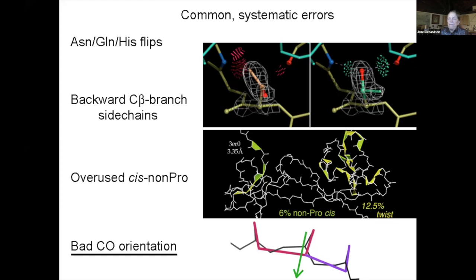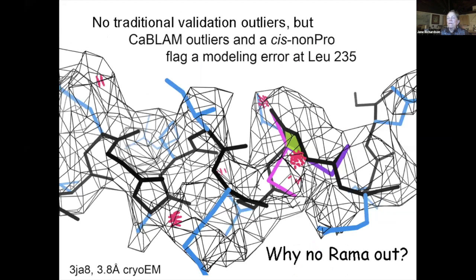And it went through a stage where people put in lots and lots of them. Well, anyway, one of the problems about the cis non-prolines is that a lot of the time, if you have really bad density, a cis will fit it better because it's more compact. And so people put in a lot of them when they aren't noticing that they have them. Now we and everybody else screams about them and shows them.